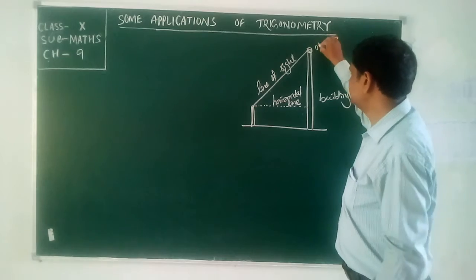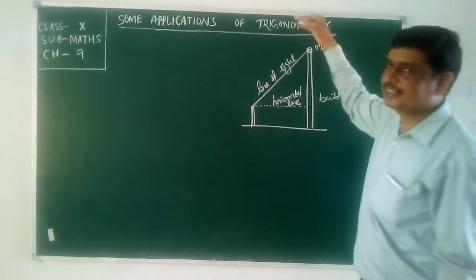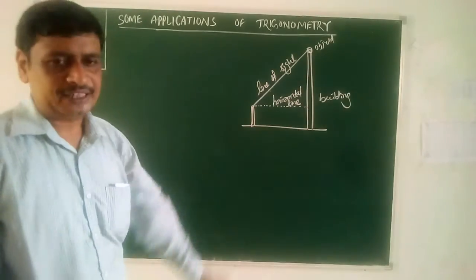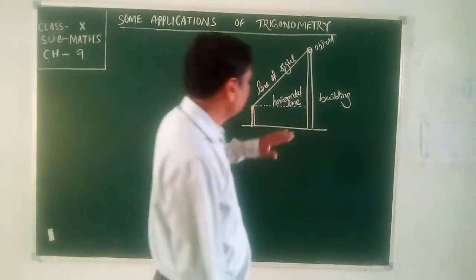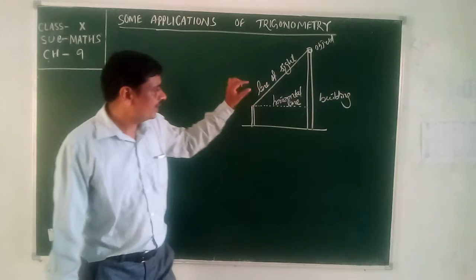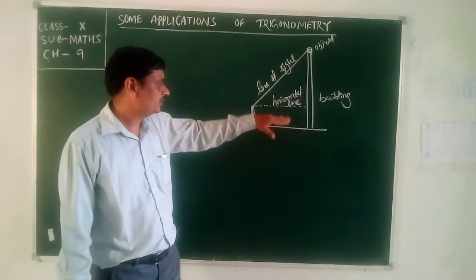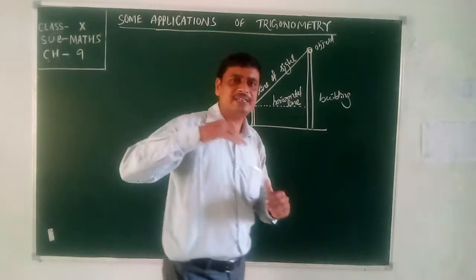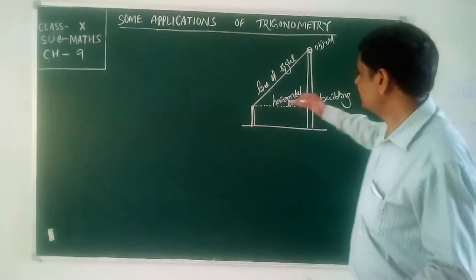It is an object present at the top of this building and we are looking at that object. Now we have to turn our head from this horizontal line to this line of sight to look at the object which is above this horizontal line.